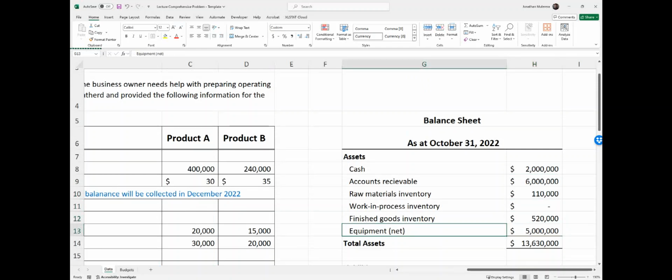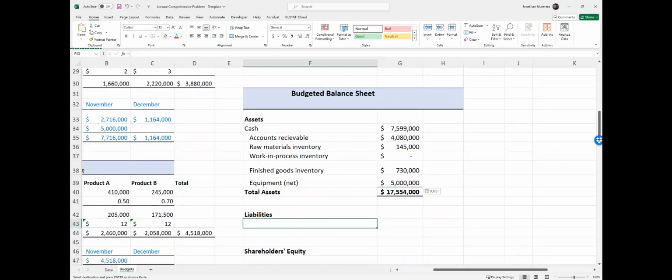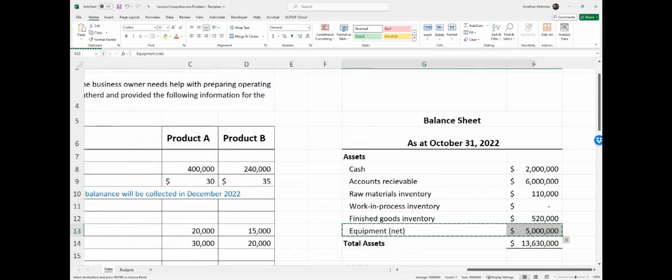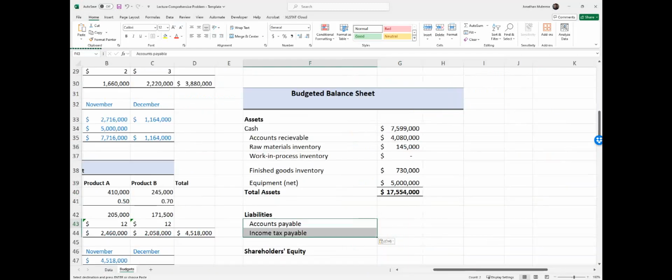Our equipment did not change, so I will just go and grab the equipment and put the equipment in there. And then with the liabilities, we'll have your accounts payable and your income tax payable.